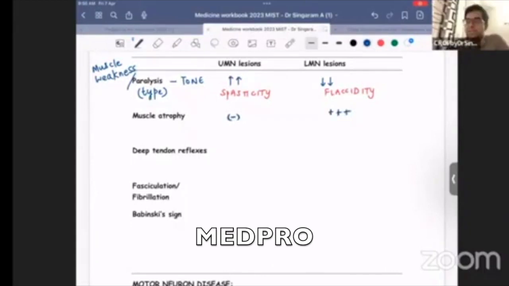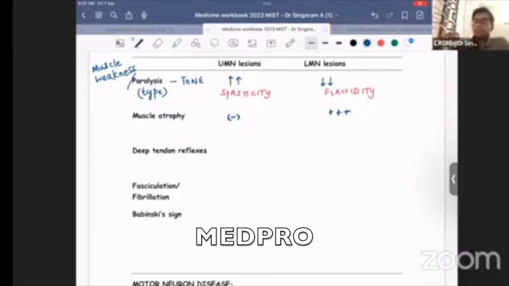Okay. Then deep tendon reflexes. This also has a strong correlation with physiology. Right now, I will just tell you the point only. Later in your physiology classes, you will learn the detailed explanation. Deep tendon reflexes are under an inhibitory control from the upper motor neuron. Lower motor neuron only coordinates, but it's under an inhibitory control. What will happen if the UMN lesion is occurring? Upper motor neuron inhibitory control is gone.